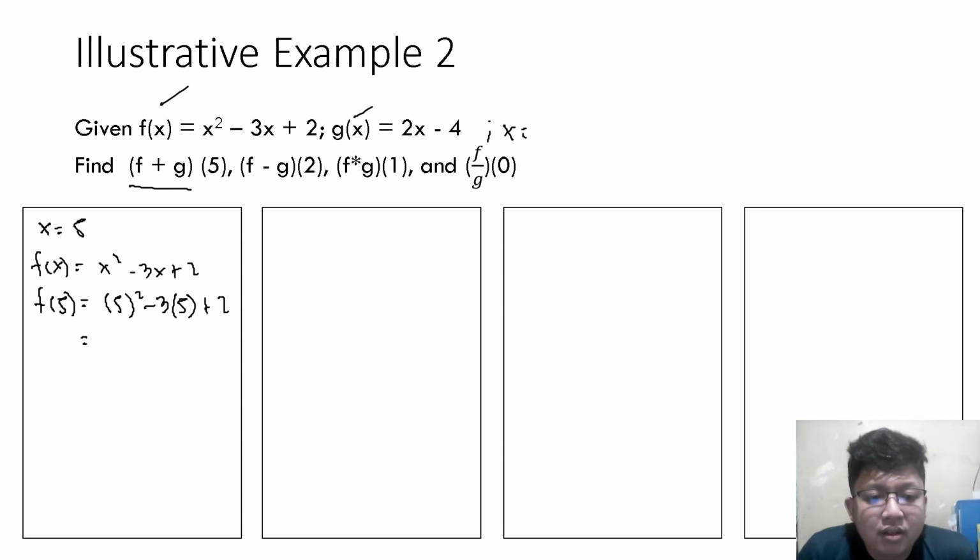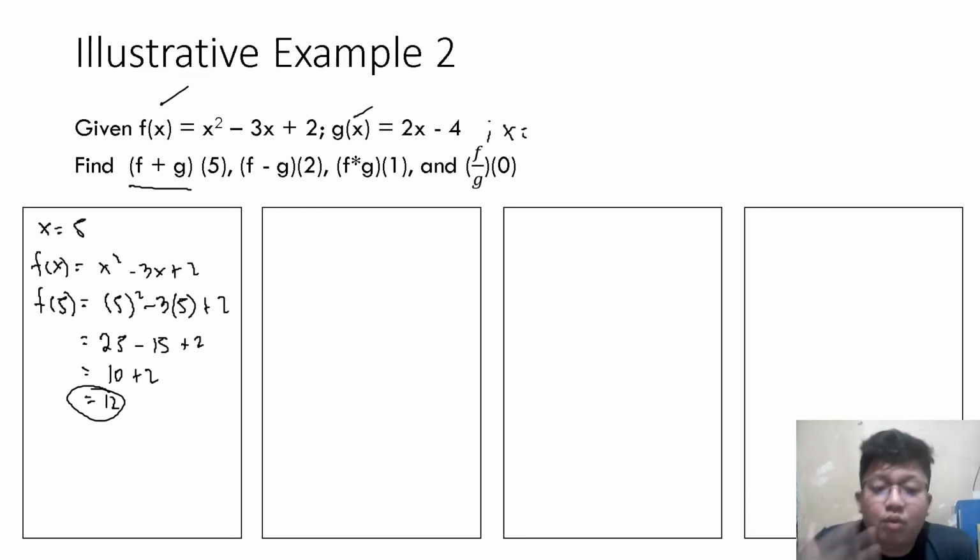And 5 squared is 25, minus 3 times 5 is 15, plus 2. So here, we have 25 minus 15. This is 10, plus 2 is equal to 12. Okay? So here we have f of 5 that is equal to 12.